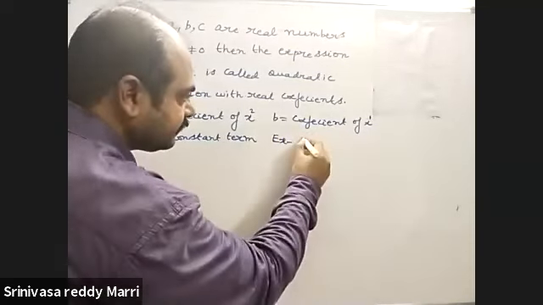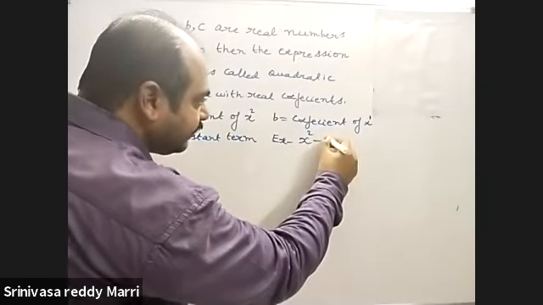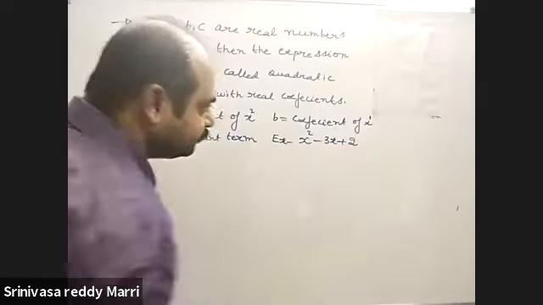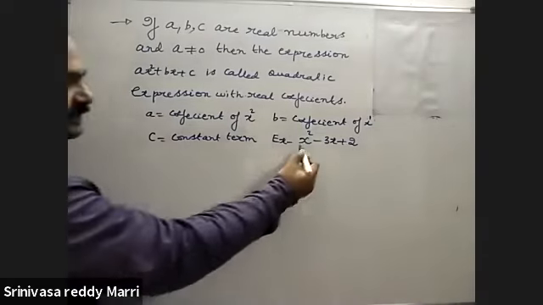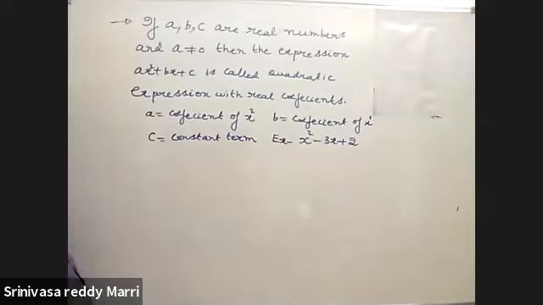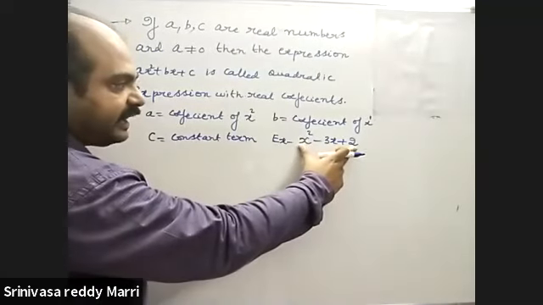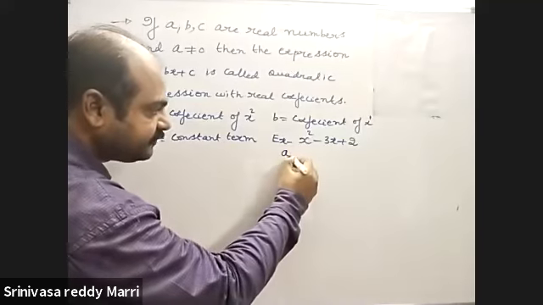Example, let us say x square minus 3x plus 2. This is a second degree expression, and this is called a quadratic expression with real coefficients. That means the coefficients are what?